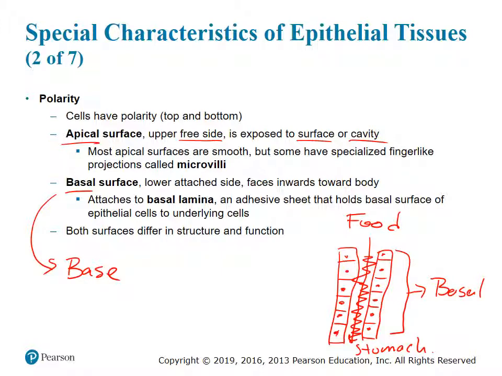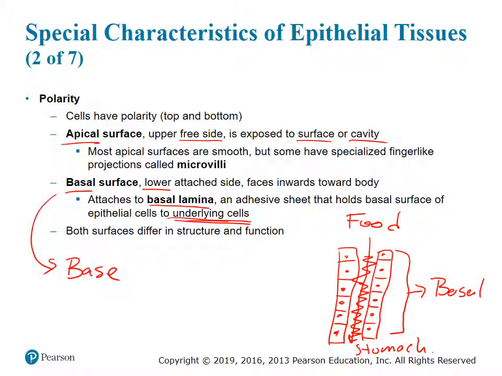They're actually attached to something, and the base side is attached to what we call the basal lamina, okay? It's a sheet of basically molecules that attaches the base side to the underlying cells, okay?